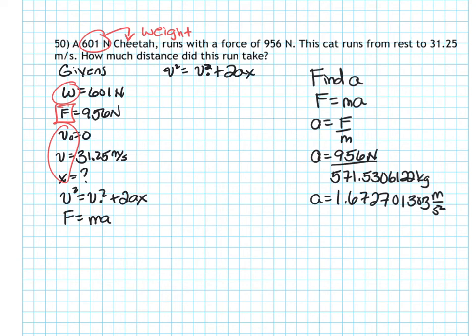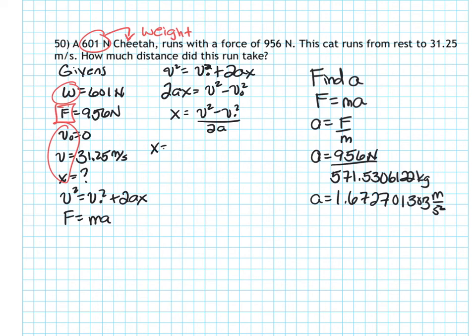Now I'm looking for x, so let me isolate x. 2ax is equal to final velocity squared minus the initial velocity squared. So x is equal to the final velocity squared minus initial velocity squared, divided by 2a.